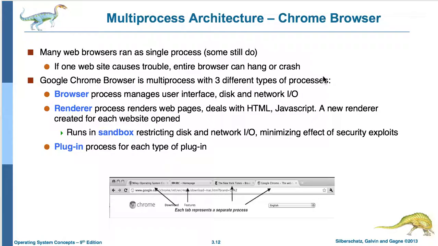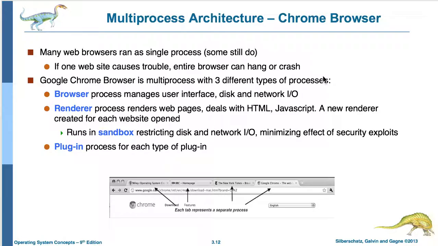And what that allows Chrome to have in terms of a benefit is if a particular tab or a particular site that you're browsing to becomes unresponsive, or it experiences a security exploit, what really can happen is that just that particular tab can become unresponsive, and that can be shut down without impacting any other tab that is running on the browser.